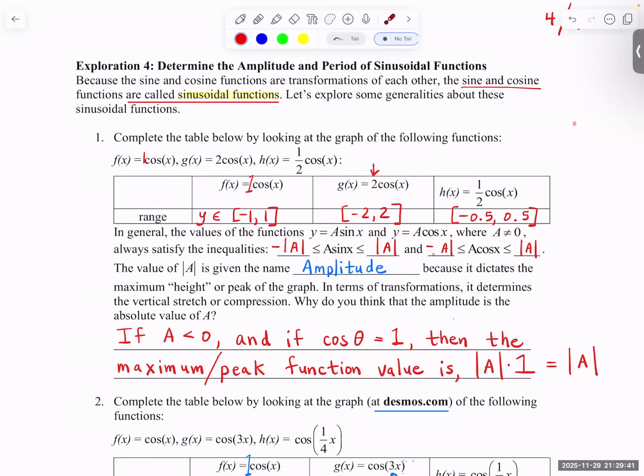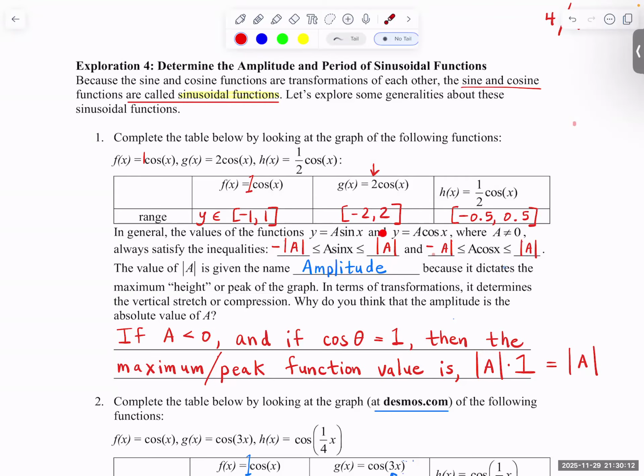In general, the values of the functions y equals capital A sine of x and y equals capital A cosine of x, where A is not 0, also satisfy the inequalities where the value of A times sine of x is bound between the lower bound, the opposite of the absolute value of A. Since A could be negative, the absolute value of A makes the quantity positive, so here you're guaranteed the lower bound is a negative value.